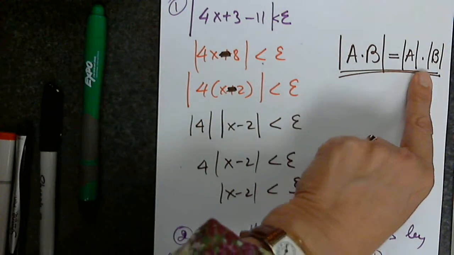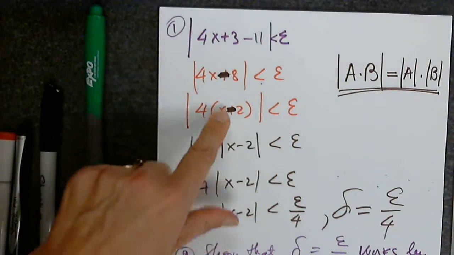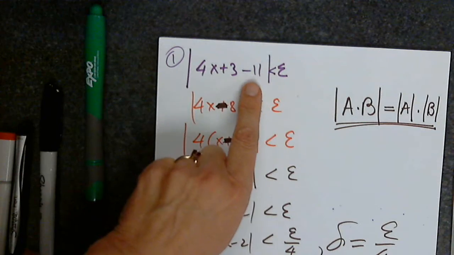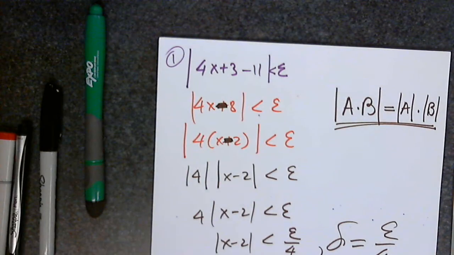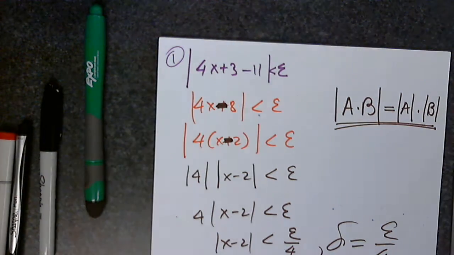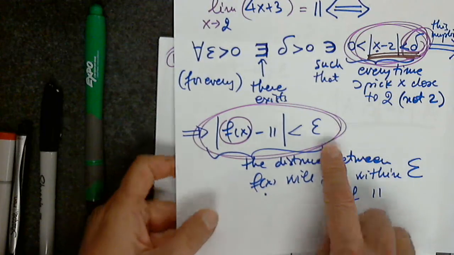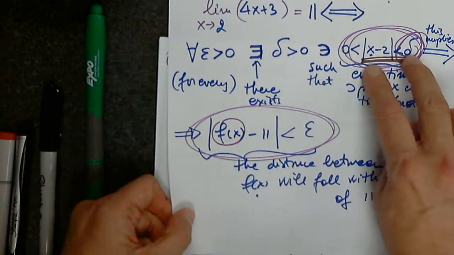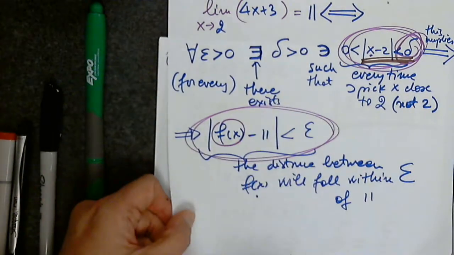Then I will state this property going backwards, which is this. Then I will distribute, which is this. And then I will have to separate negative 8 into 3 minus 11. And I will show that I went back to this. So I started here to get this, and then the reverse, I started here to get this.